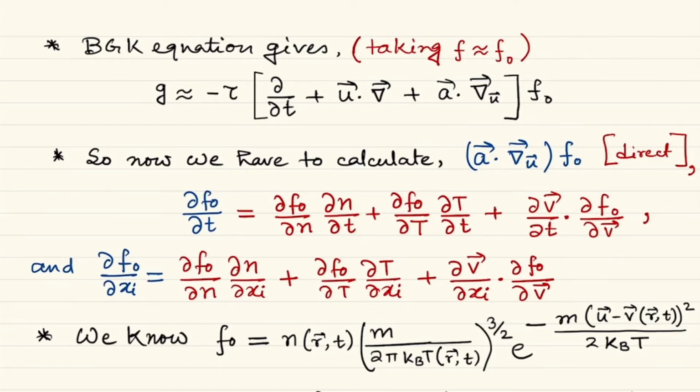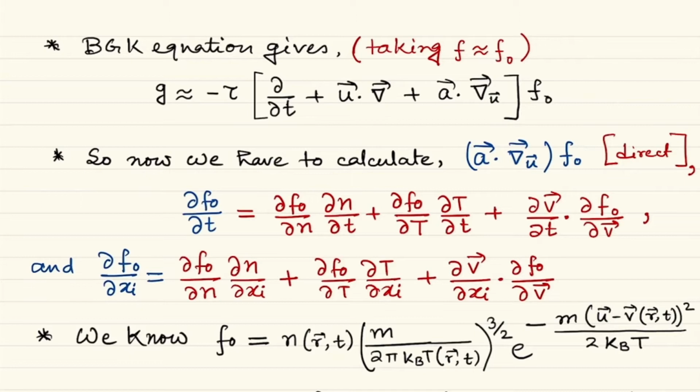Now we know that f0 is the local Maxwellian distribution, so calculating this part is reasonably direct, because if you see the form of f0, the dependence on u is only here, and this is explicit dependence.